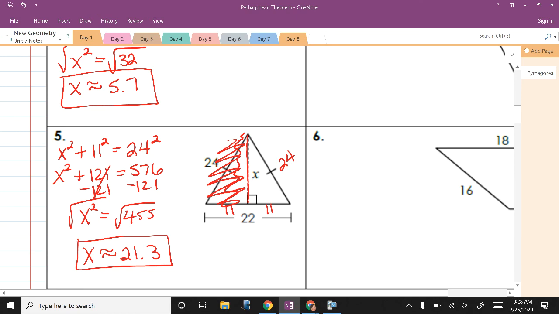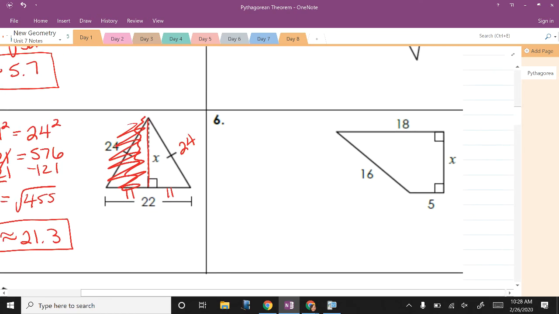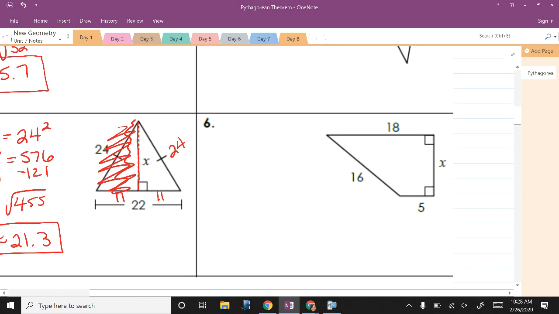All right. Look at number 6. That is some kind of quadrilateral, isn't it? So you might be thinking, how could we use the Pythagorean theorem here to help us find x? What do y'all think? What could we do to find x?